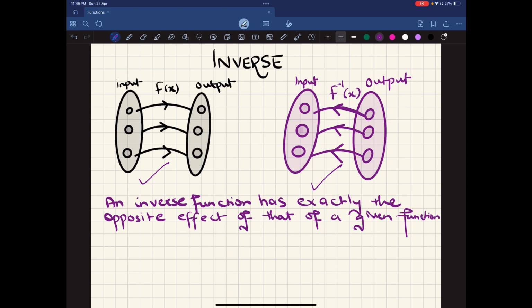So what it basically does is that the inverse function maps the output values back to the same input values.